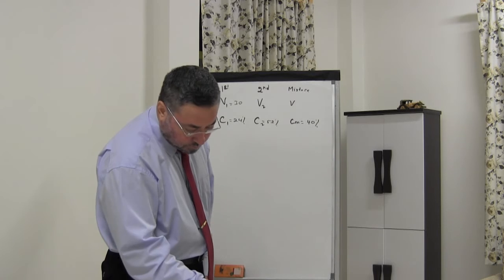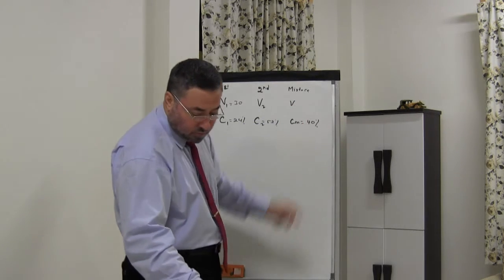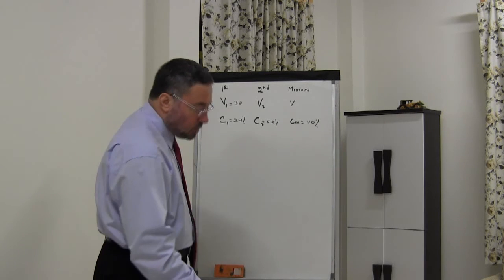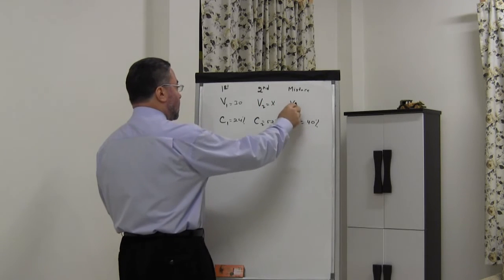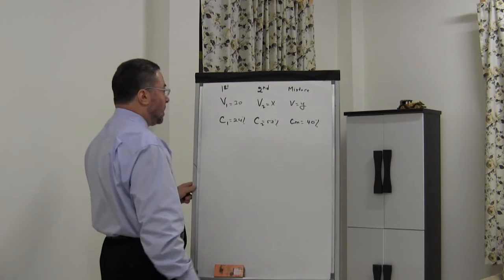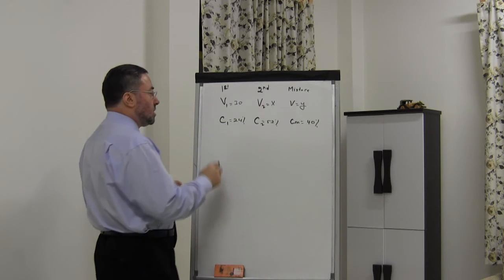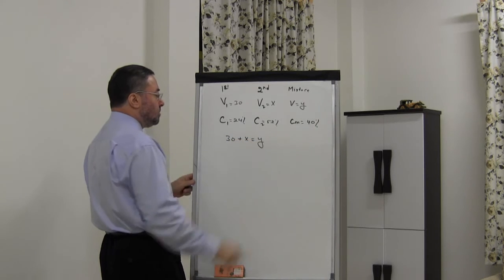So we do not have the final volume of the mixture here. But we are asked for this, so let this be x and this be y. Again, we can add these two, and that will give us y, so 30 plus x equals y.